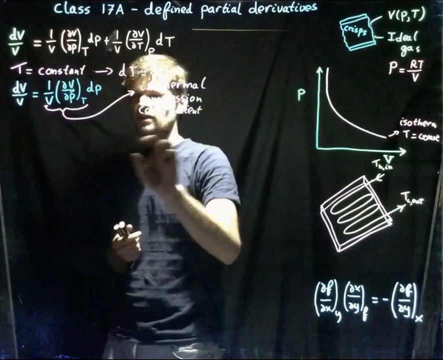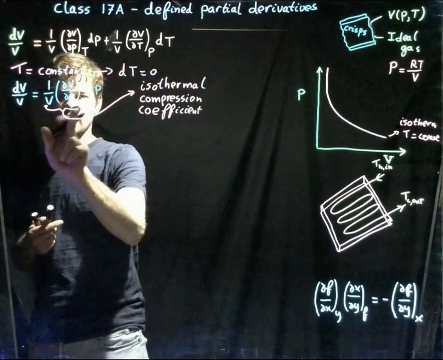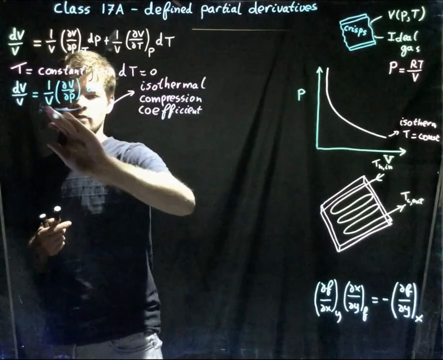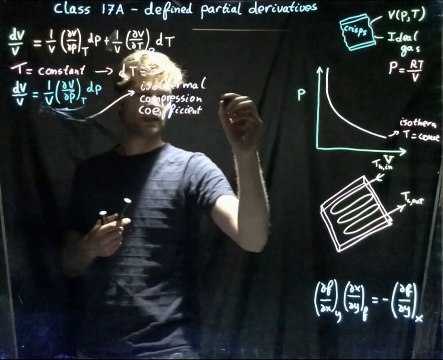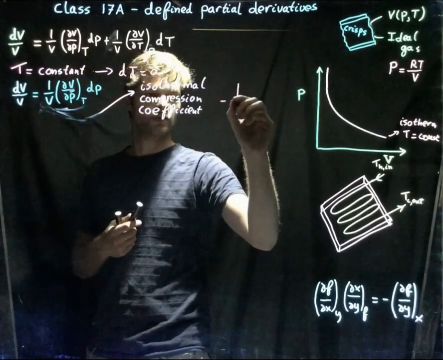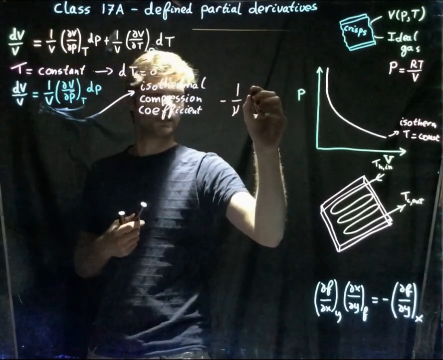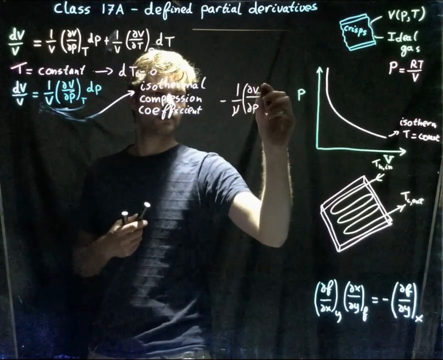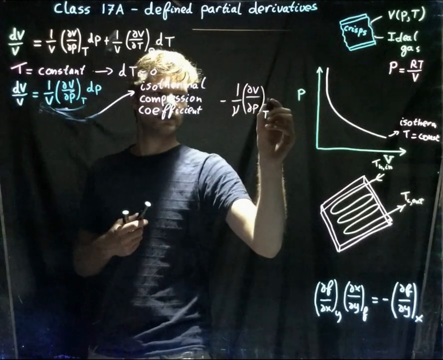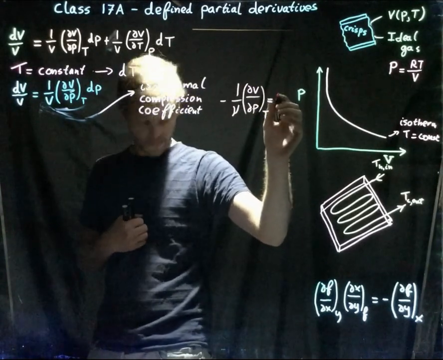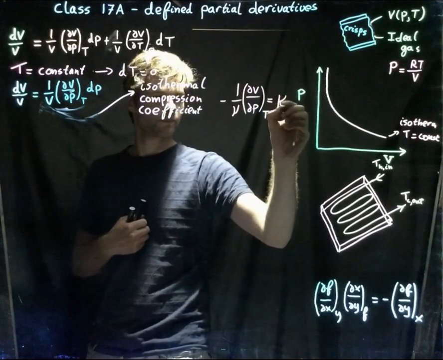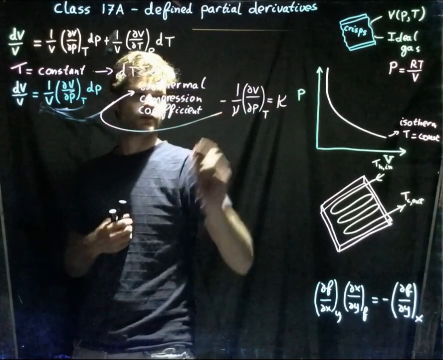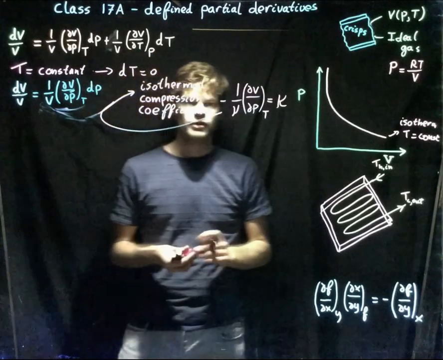Or actually not this, I'm joking a bit. 1 over V, dV/dP for a constant T, is equal to kappa. And this is called the isothermal compression coefficient.